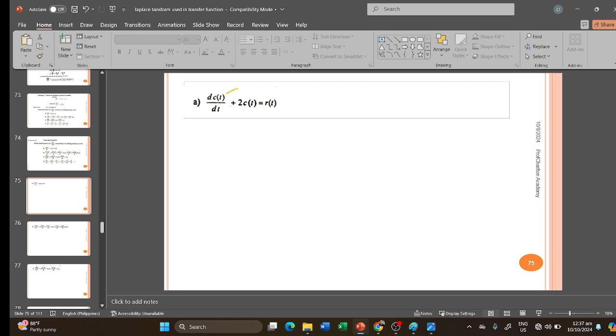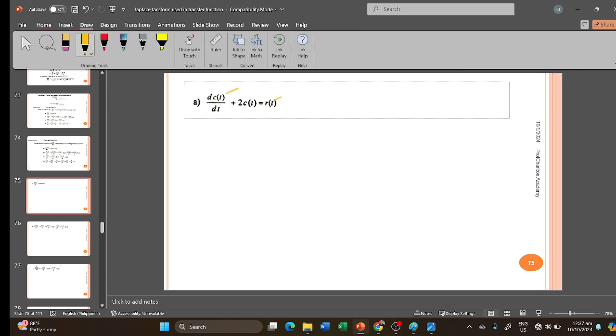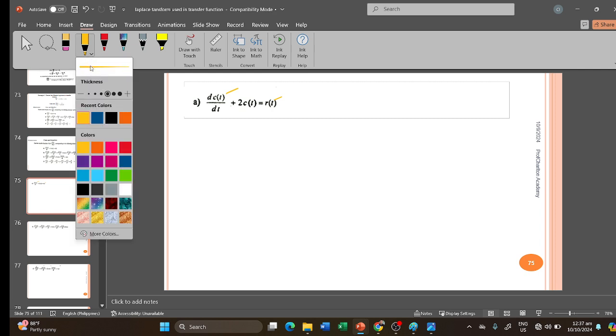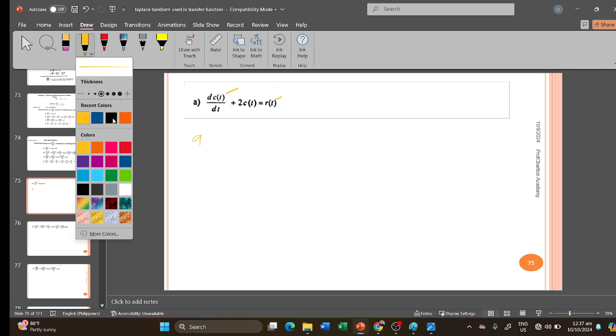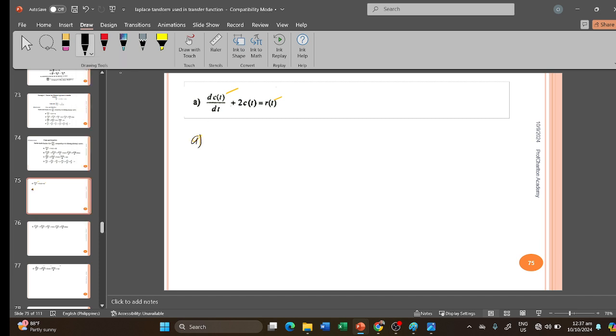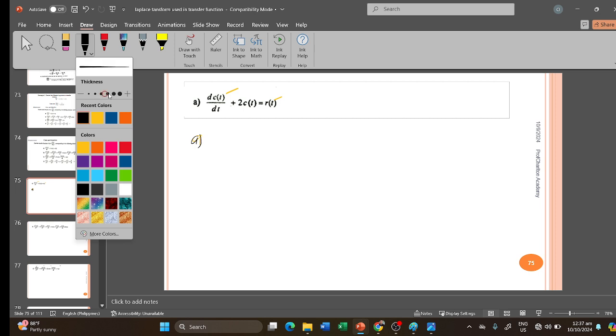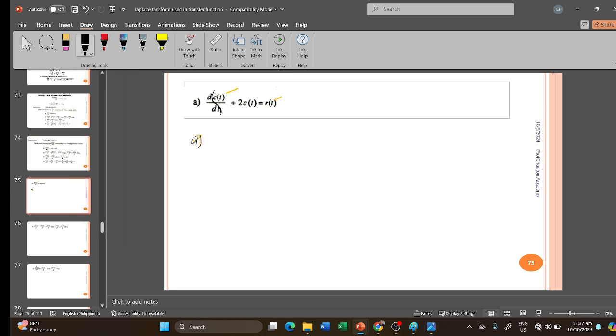The t here signifies the time domain. Okay, so we're going to start with this. Whenever we see a d over dt, we can translate that as s.